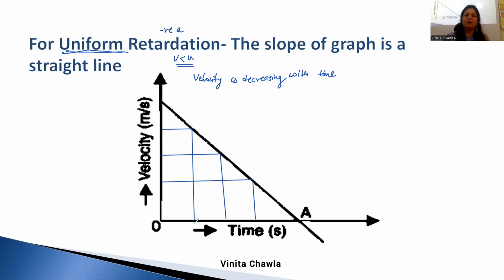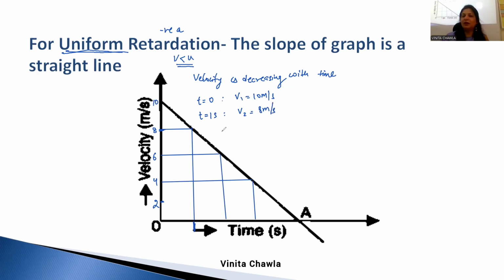At time t equals, let's say, 1 second, we can take this as 2, 4, 6, 8, and 10. At t is equal to 0, what is the velocity? 10 meter per second. At t is equal to 1 second, what is the velocity? 8 meter per second.